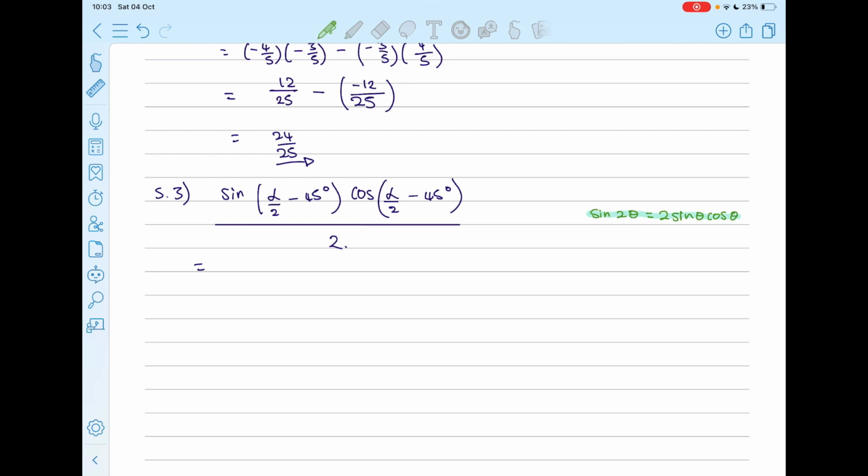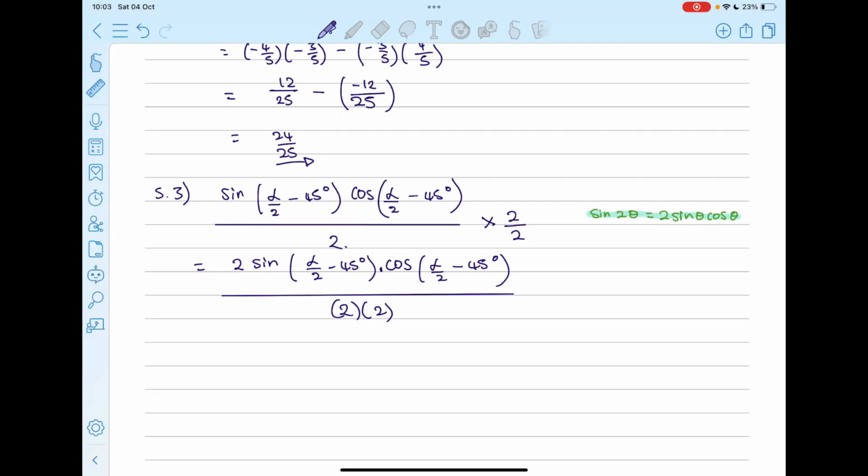How we're going to do that is we're going to multiply by 2 in the numerator and denominator, because that is actually equivalent to just multiplying by 1. So we're not breaking any rules of maths. So what we end up with now is 2 sine (alpha over 2 minus 45) cos (alpha over 2 minus 45), and in the denominator, we've got 2 times 2.